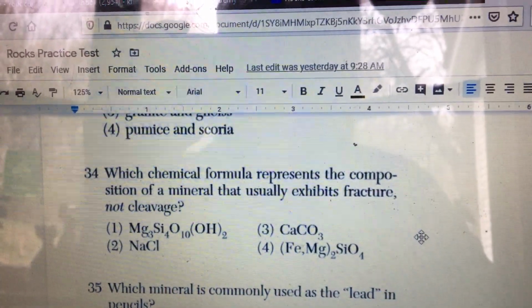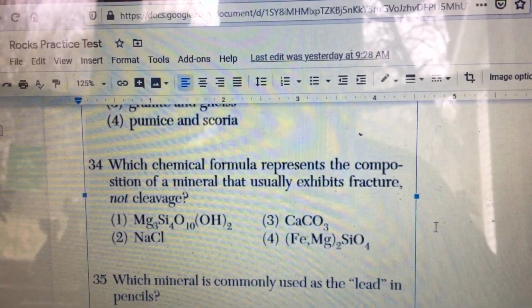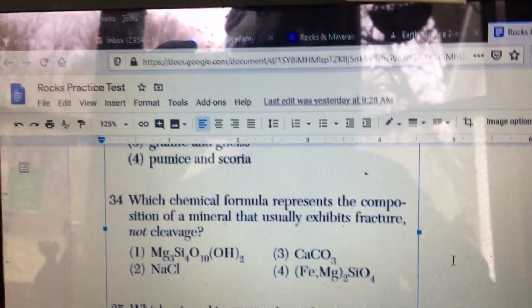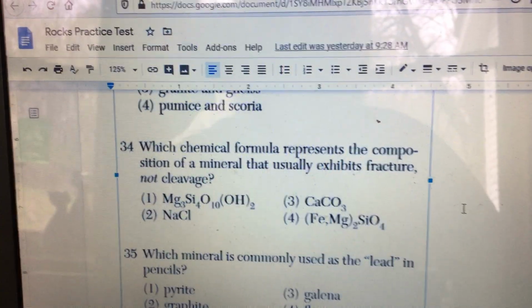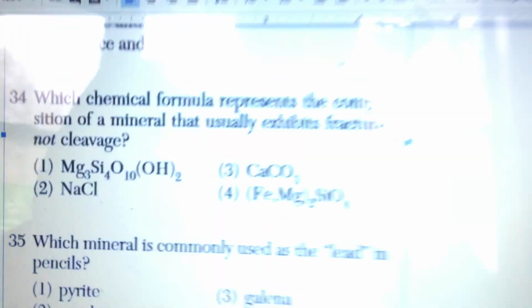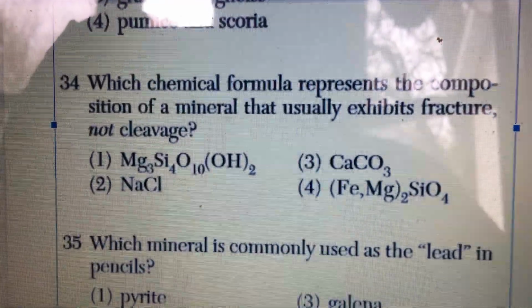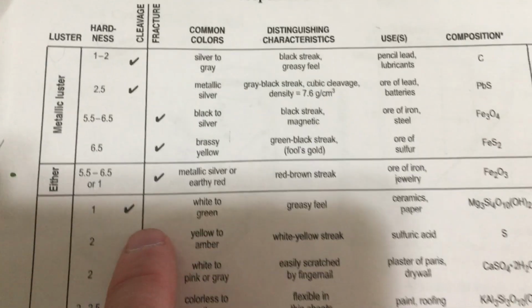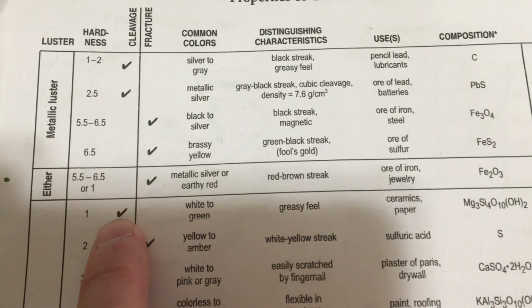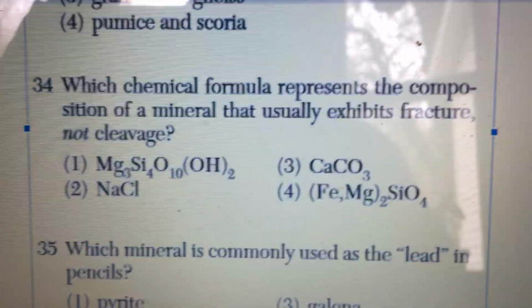Which chemical formula represents the composition of a mineral that usually exhibits fracture, not cleavage? So the deal here would be, again, let's take some time, come on over here, and find all of these things. Mg3Si4O10, talc, and then I come over here, that has cleavage. So that's not my answer. Number 2, NaCl.